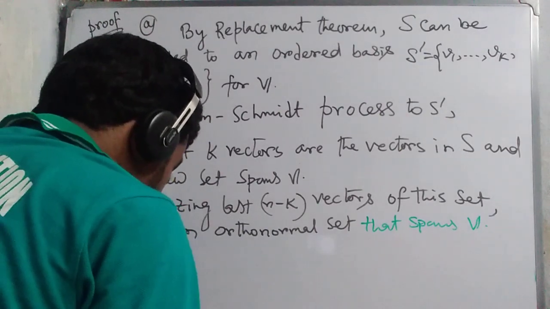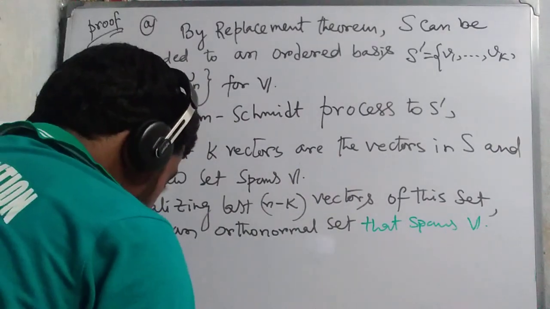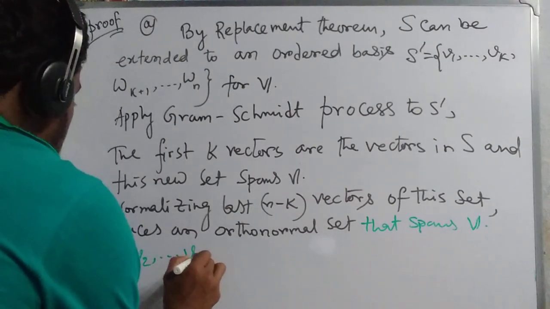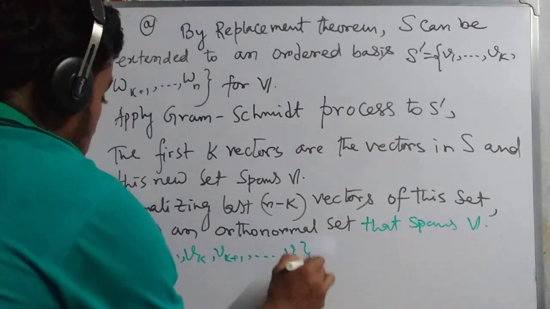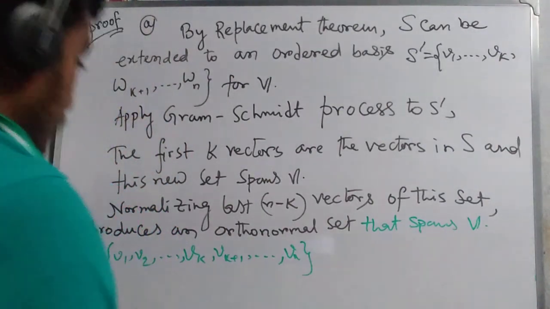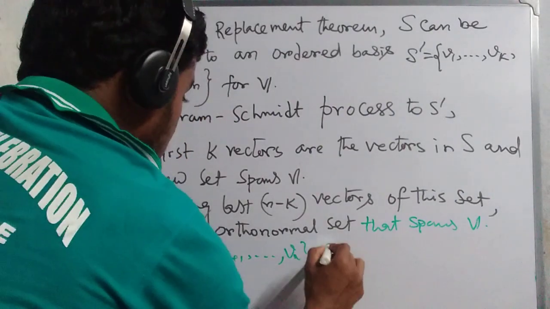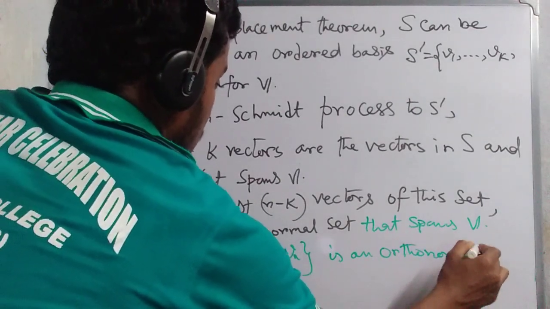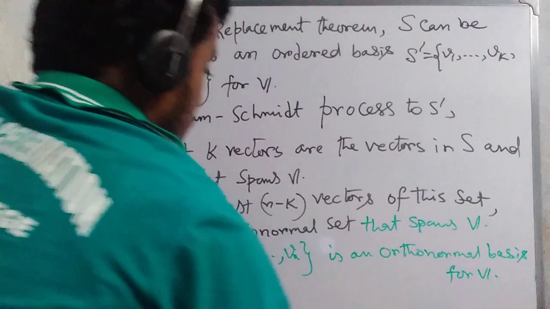Then obviously we see that this set, v1, v2, ..., vk and vk+1, ..., vn, is an orthonormal basis for V. Understood?